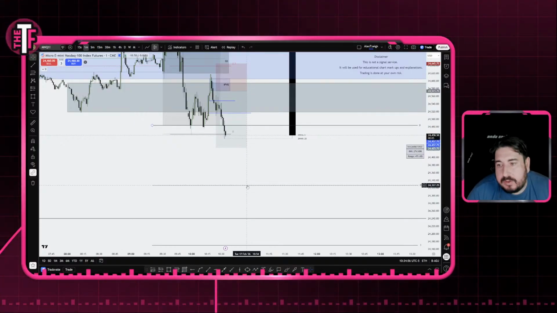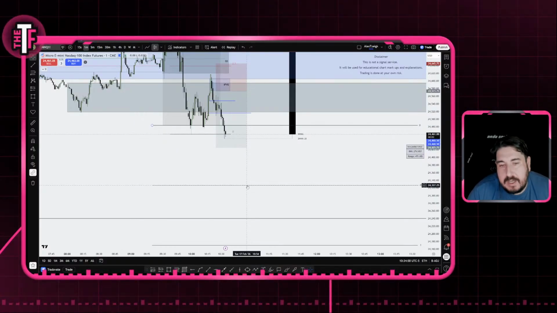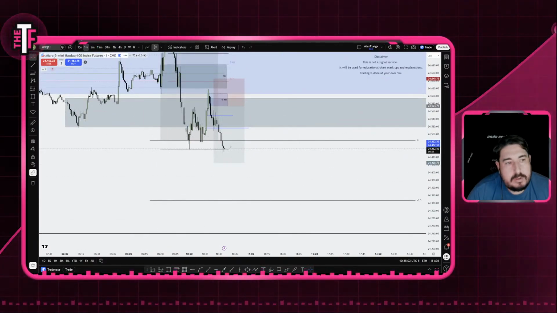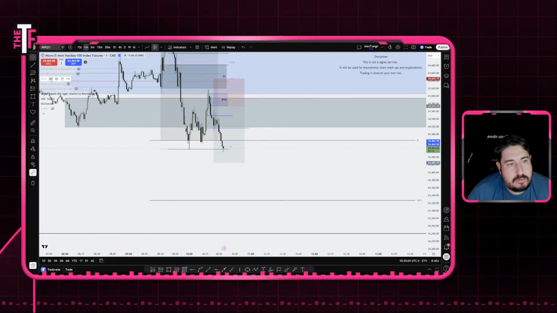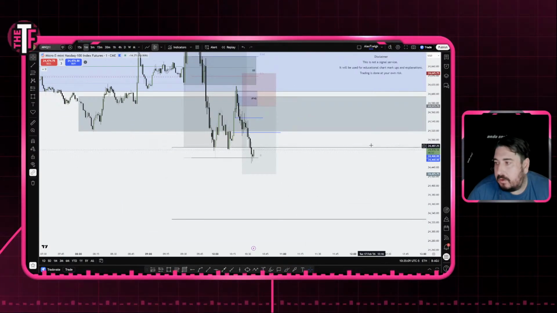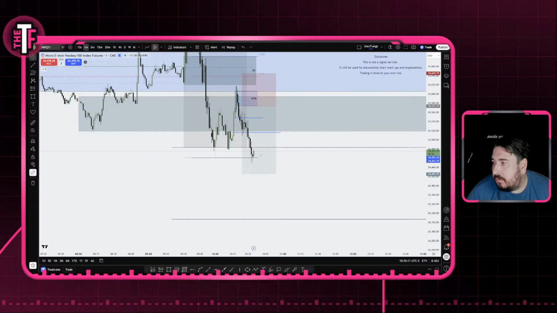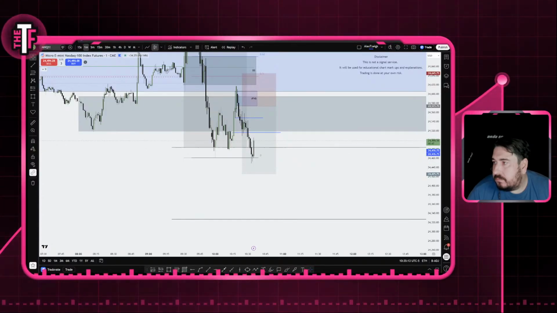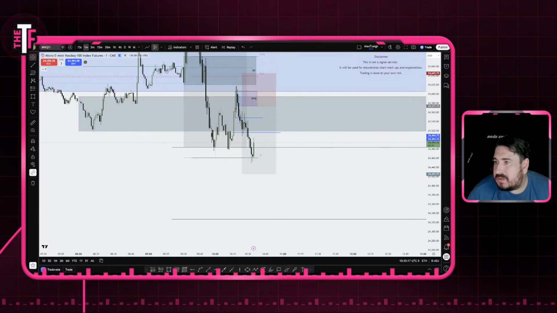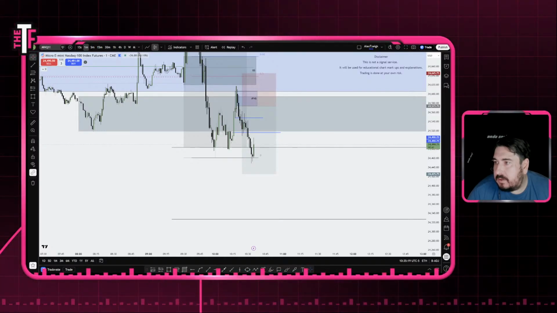Look how many confluences I had all stacked together. For some reason, the Power of 3 indicator has a small problem today. It has a small problem, but okay.